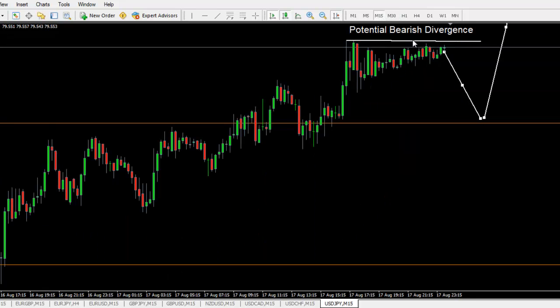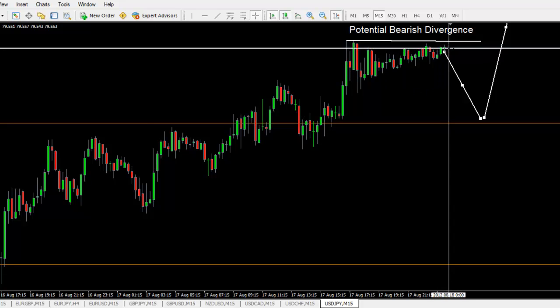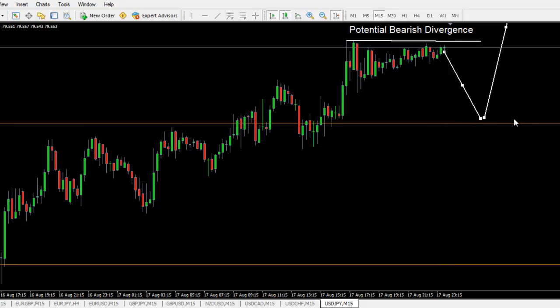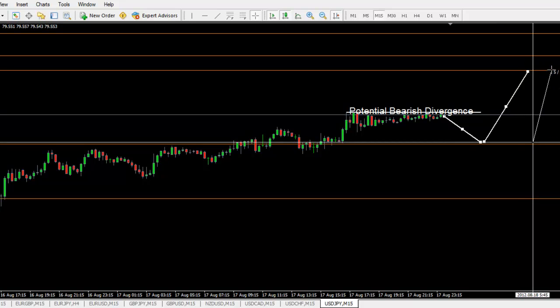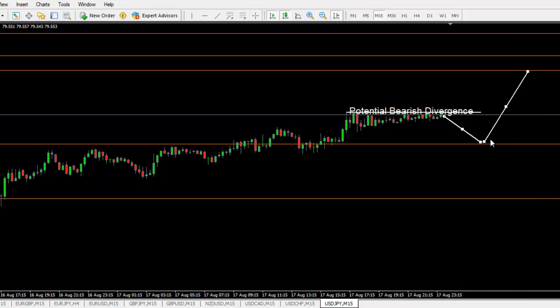I'd like to see some relief here because we've been kind of raging upwards for a while. I'd like to see about a 14 pip drop. I'd like to see price find support right here and then fire off around this level for a good 40 pips upwards. We can see 37 pips the first target, 44 to the second, and then all the way up here 55 to the third target. So that's what I'll be looking for.